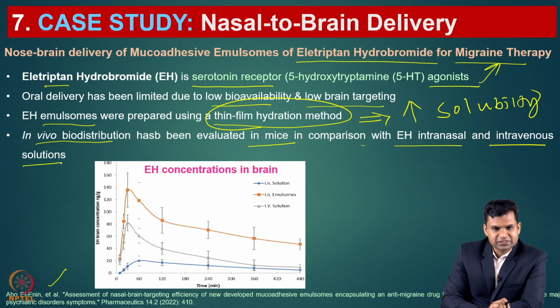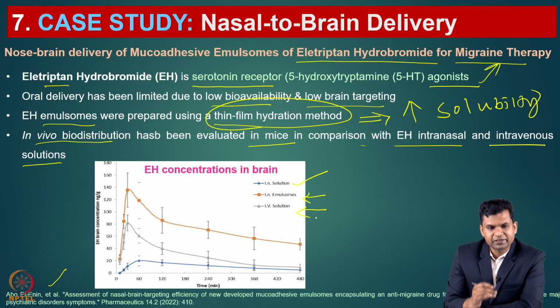Here you can see, after administration of the intranasal solution, the intranasal emulsomes and the intravenous solution, they compared the concentration of the drug in the brain. After administration they removed the brain, did homogenization, and looked at the distribution of drug in these 3 treated groups of mice.